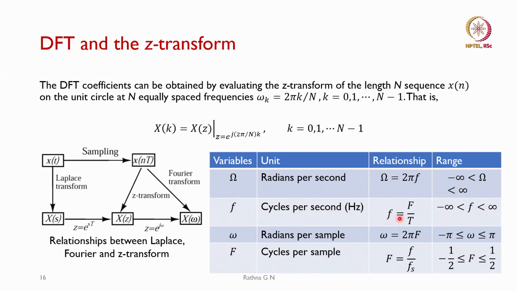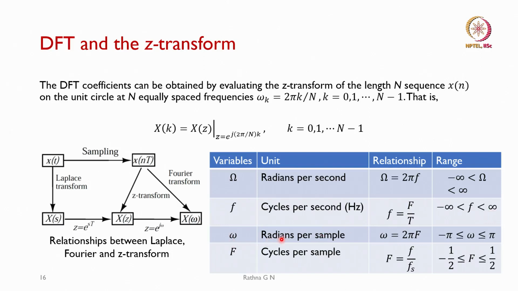Small f is equal to capital F by t, where capital F is assumed in this case as the sampling frequency. As you can see, cycles per sample is f by fs, and this also varies between minus infinity to infinity.